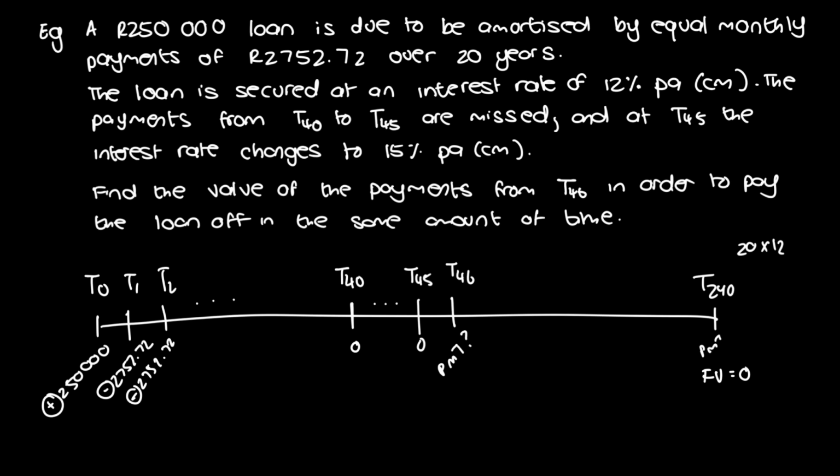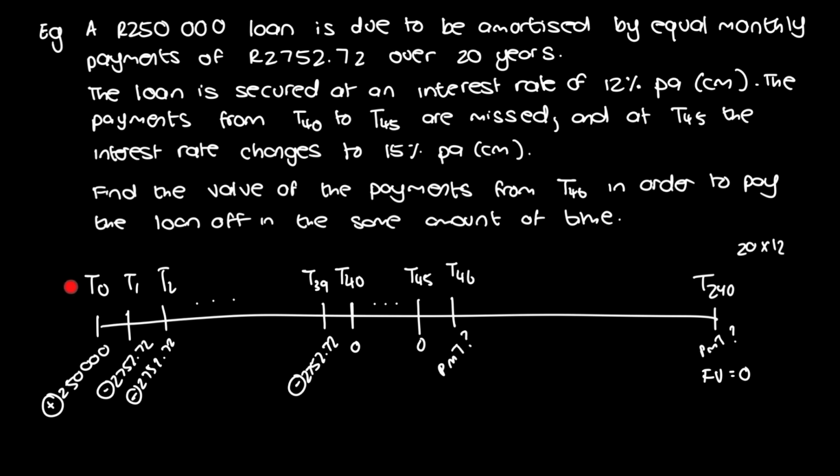And that's going to continue until 240. So let's just finalize this graph by saying T39 before the missed payments so that we can see where the information changes. Because remember, when you separate it into parts to do your calculations, you want to clump it up into where all the information is exactly the same. Okay, so there is our timeline.